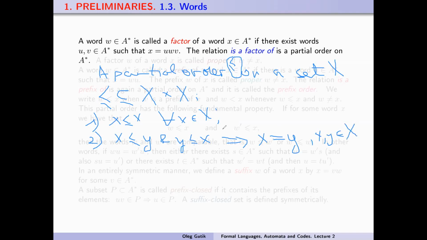The first property is very well known to us. It's reflexivity. As I said, the second is antisymmetry.